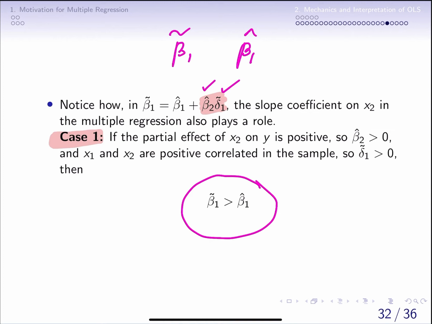So you're going to have some sort of a positive bias or an upward bias in the simple linear regression estimate or coefficient, okay? And this would also hold true as long as this product is positive, right? So you could have both of these be negative and then the product is positive.